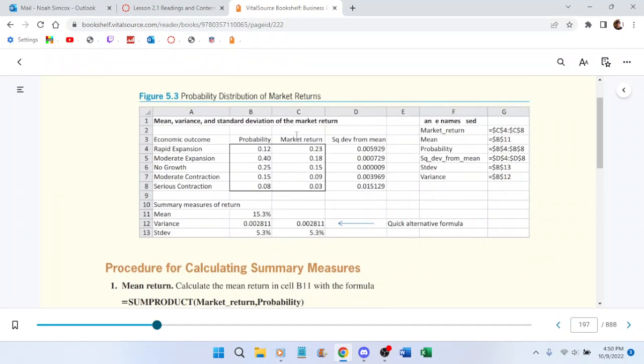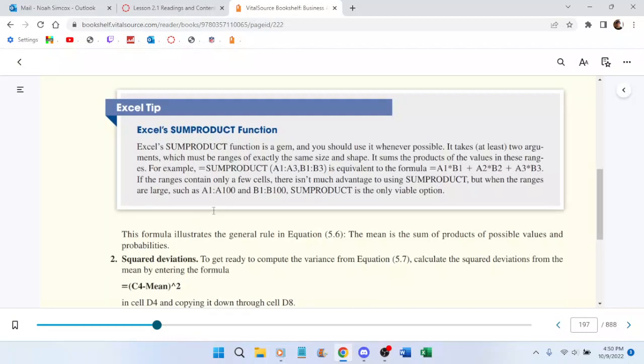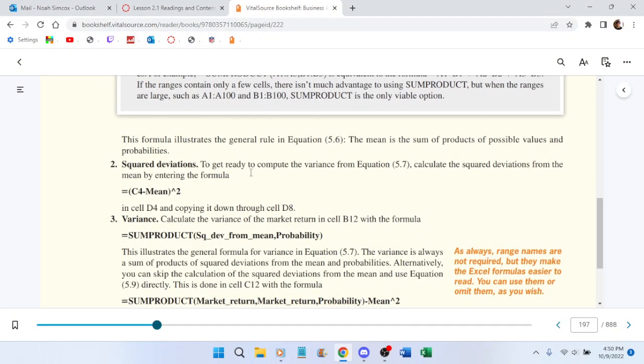What is C4? The maximum one or something? They just do C4 minus mean squared.